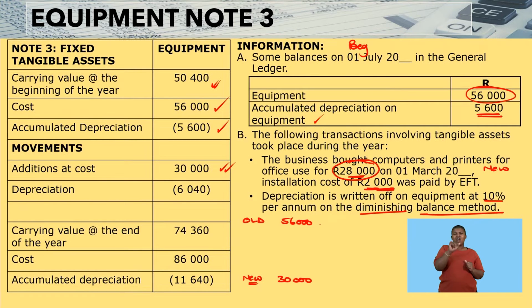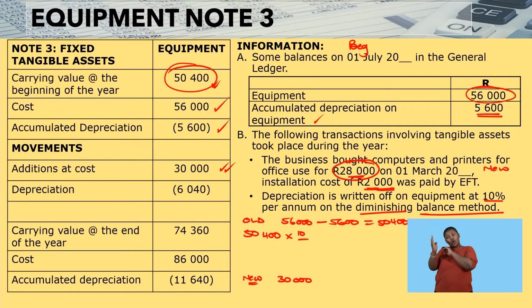So we'll say the cost, 56, minus the accumulated of 5.6. It gives us the carrying value of 50,400. I would have just taken it from here. So I'll come here. I have my 50,400. And I'll say multiplied by 10 over 100, that is 10%.